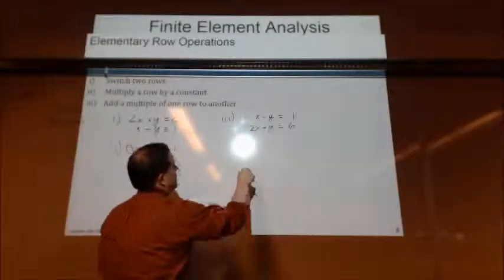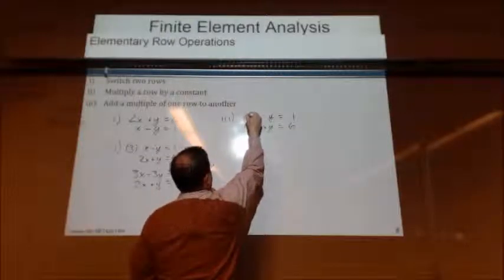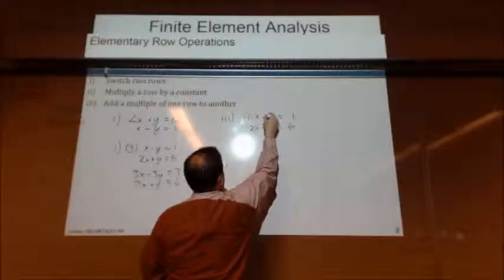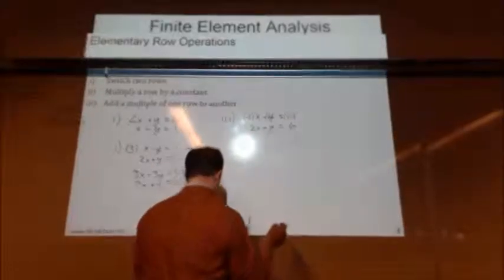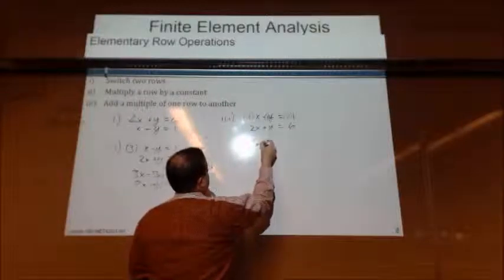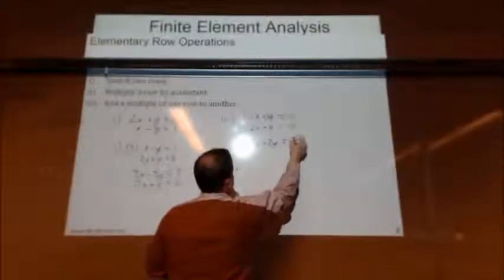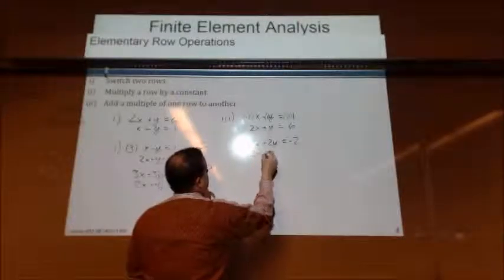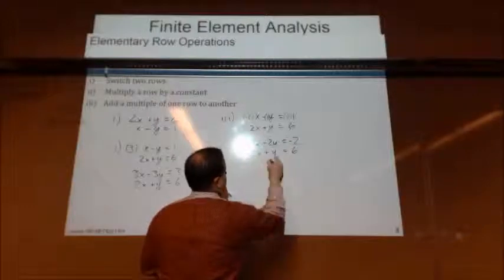So if I multiply this by minus 2, right? We're going to end up with minus 2x plus 2y equals minus 2, 2x plus y equals 6.